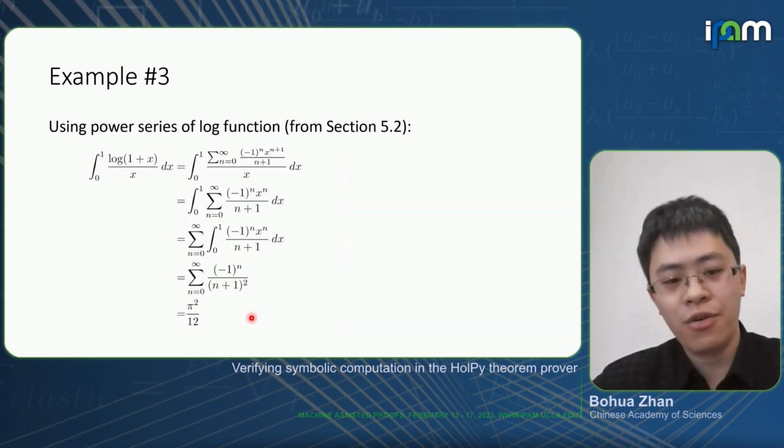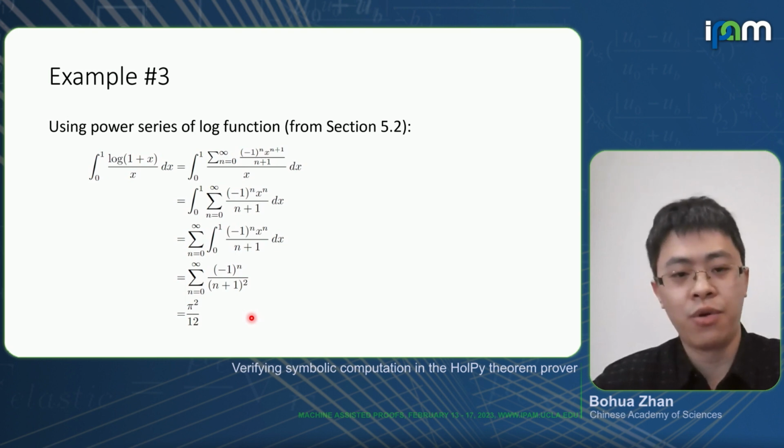Okay, so now we go to some more advanced examples from the Inside Interesting Integrals book. So this example is a very standard application of power series to evaluate an integral.